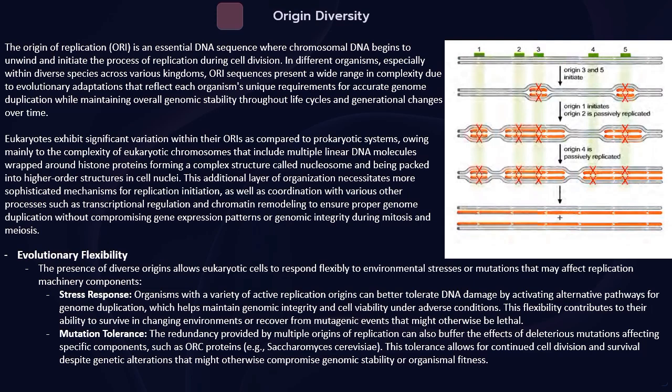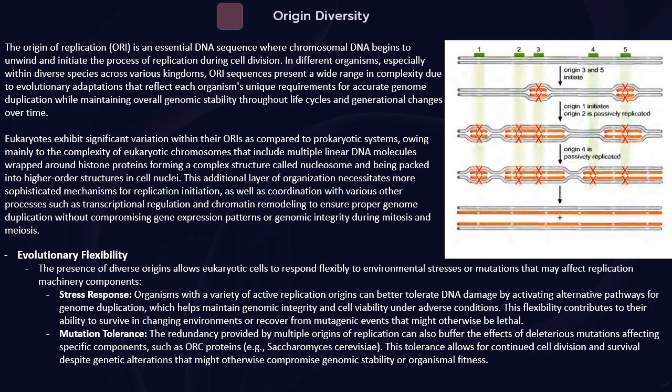This additional layer of organization necessitates more sophisticated mechanisms for various biological processes like replication initiation, as well as coordination with various other processes such as transcriptional regulation and chromatin remodeling, etc.